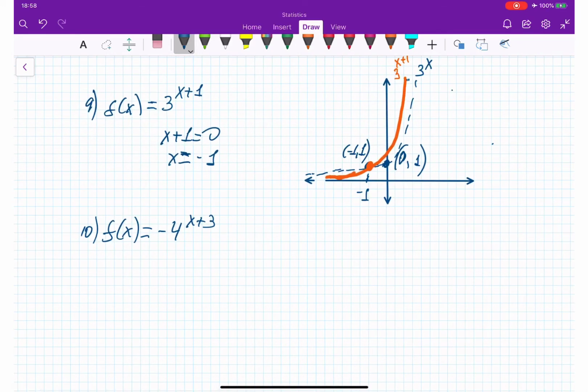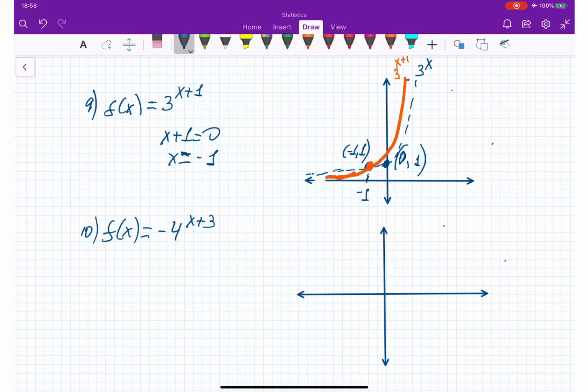Okay, let's see how we're gonna build this graph. First, we are going to move the graph 4 to power x plus 3.